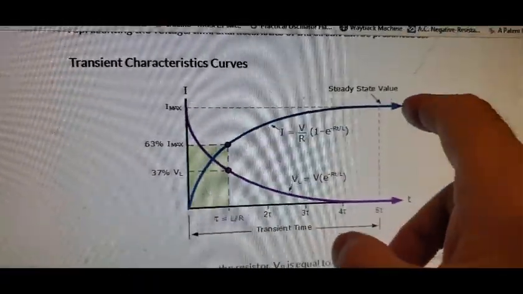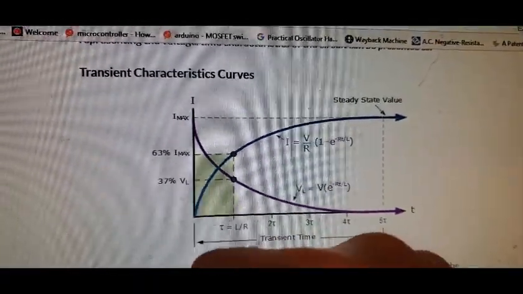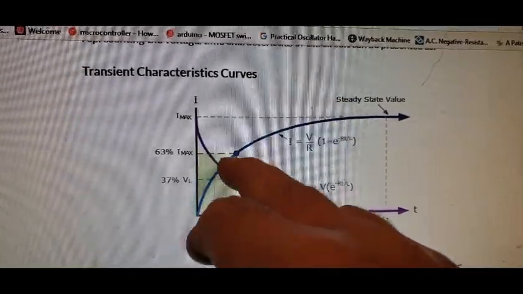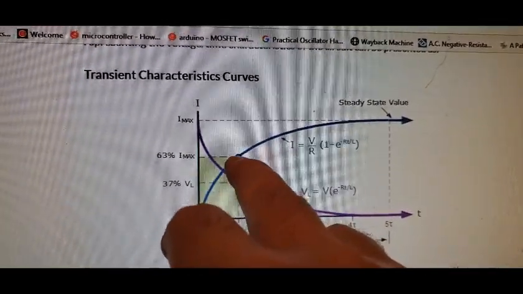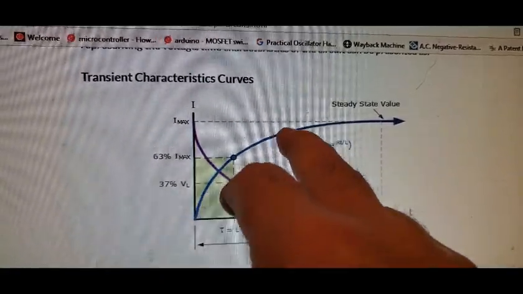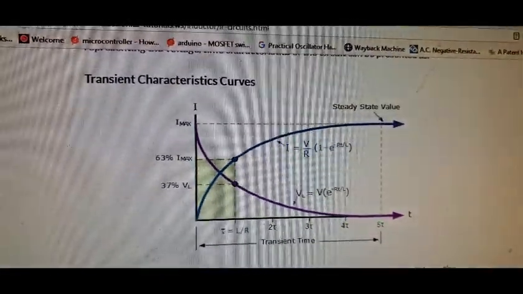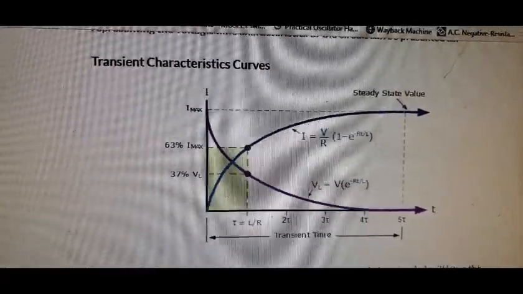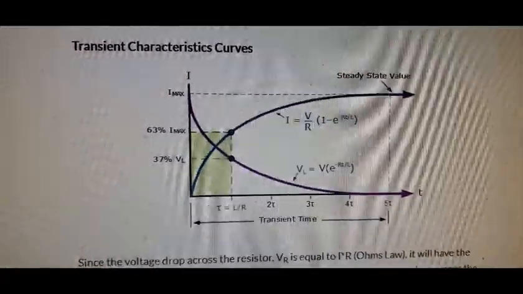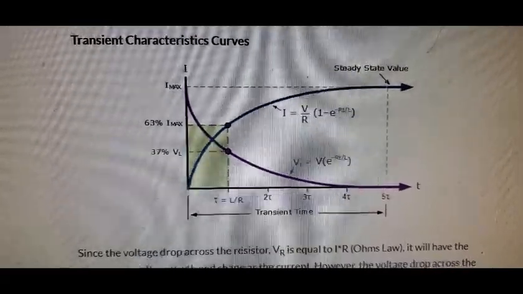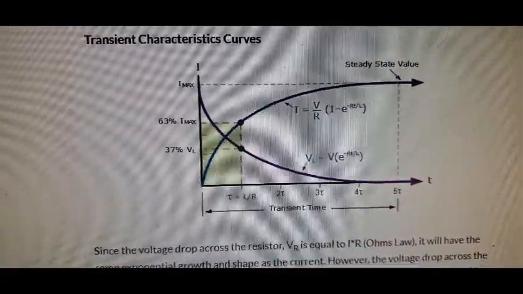So the last thing I'd mention on the didactic part of this is, you have your tau time here, and there's 1 tau time, 2 tau times, 3, 4, 5. What determines the tau time? And it's actually very simple. The tau time is the ratio of the inductance of your coil divided by its resistance.